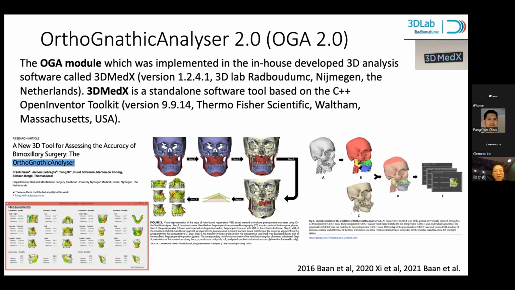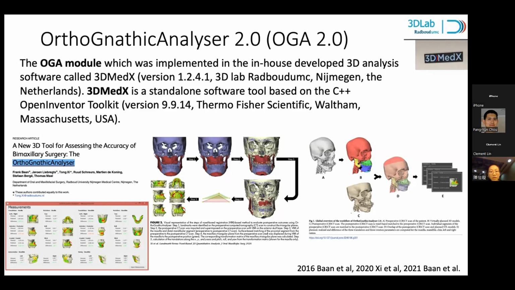With OGA, after we position the skeleton in a natural head, a standard head position, it is a semi-auto program where we only point out a few landmarks, then it could automatically do the maxillary and mandibular superimposition as the figure shows.